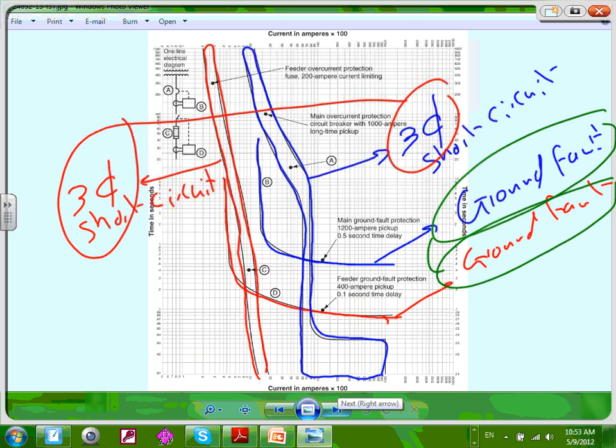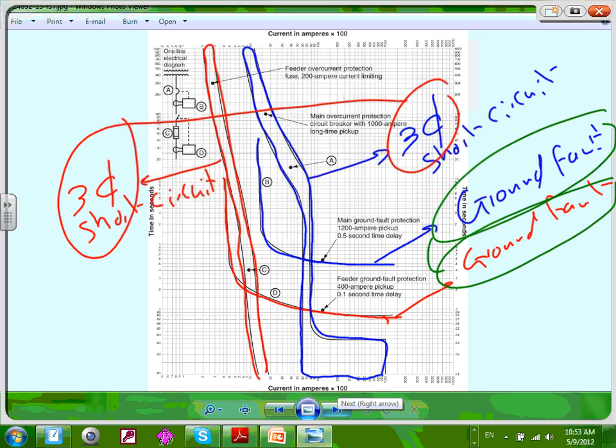So different settings. The ground fault is almost always lower than the three-phase short circuit. That's why they are at different values. They're always at different values. It's two different things here, guys. One of them is looking at ground fault only. The other one is looking at three-phase short circuit or phase-to-phase.